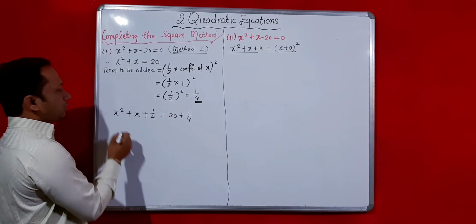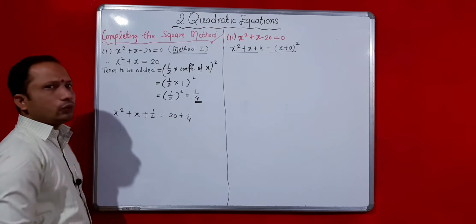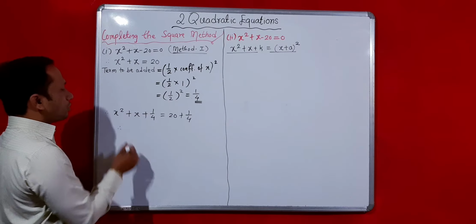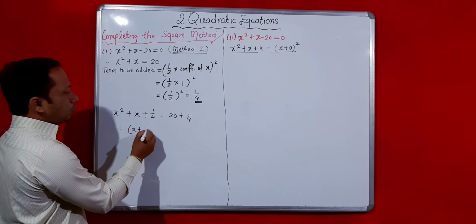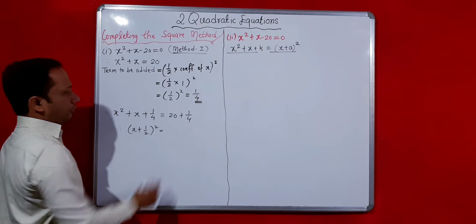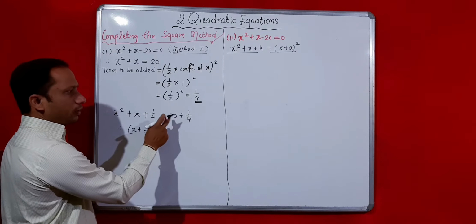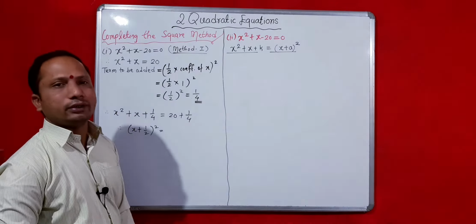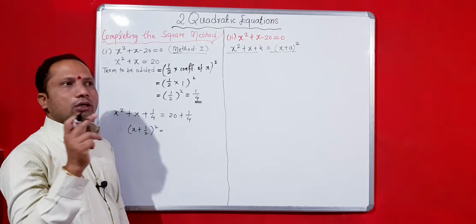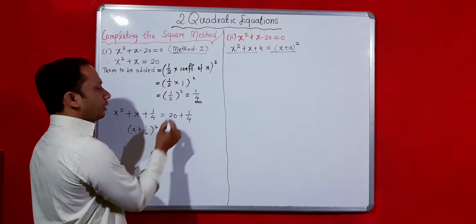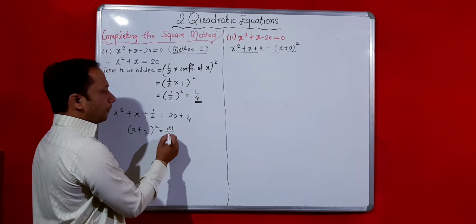Now proceed with this equation. If you do this calculation, you will get (x plus 1/2) bracket square, and the right side will be 4 into 20, 4 twenties are 80, plus 1, 81, upon 4.